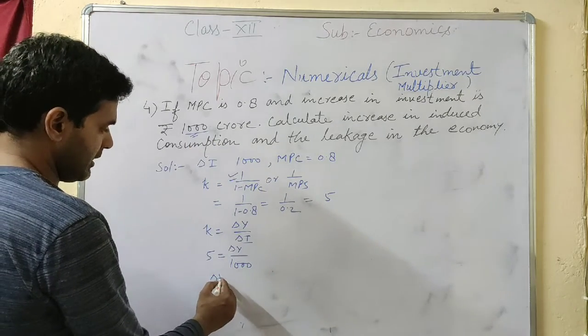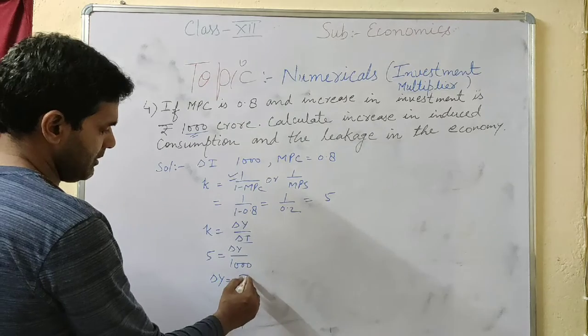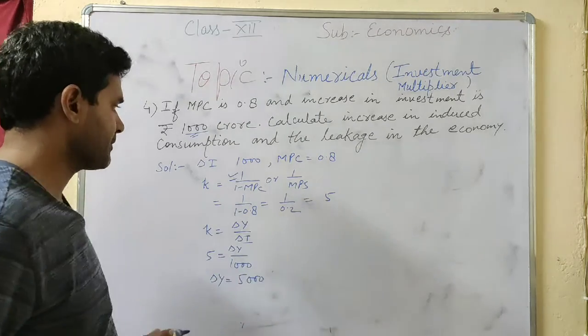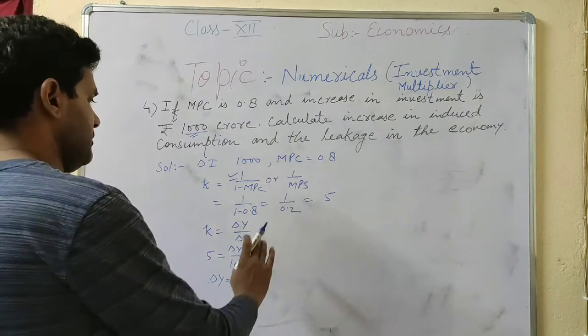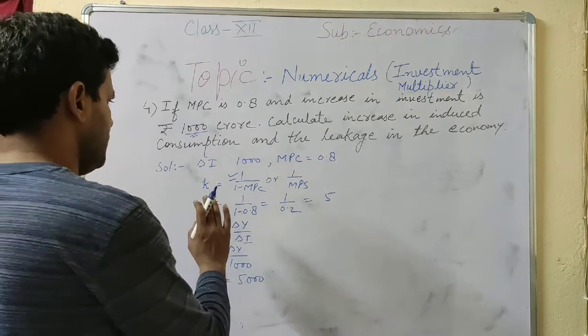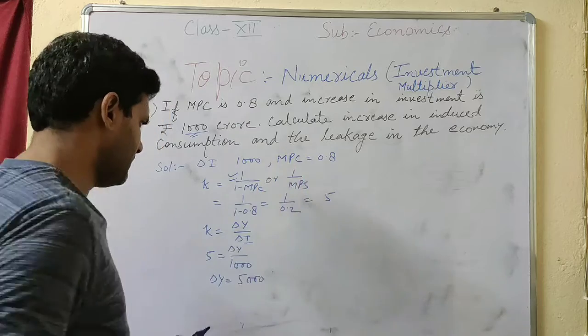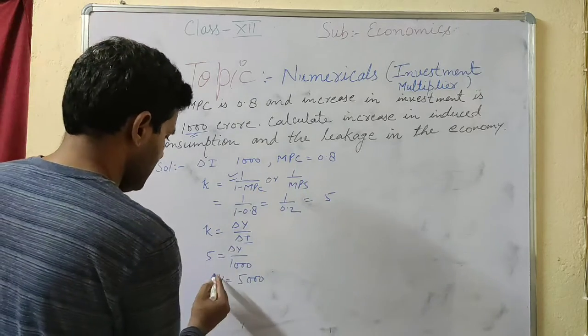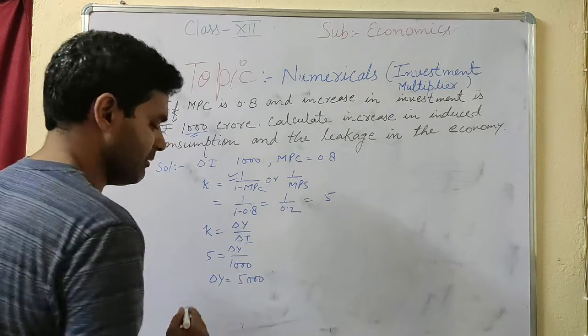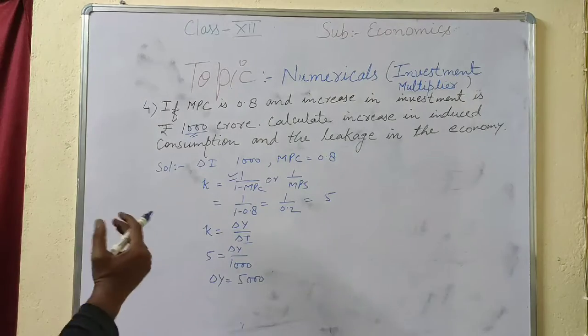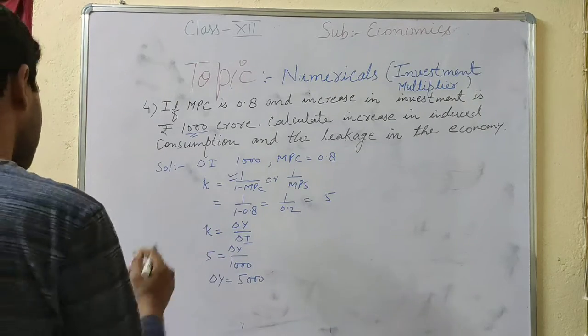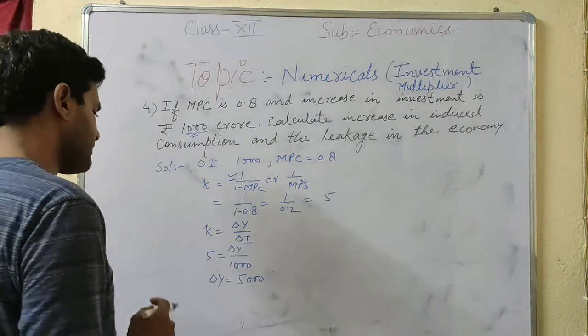So delta Y, or change in Y, will be 5000. Up to here, we have calculated the value of investment multiplier, and the value of delta Y, or change in income due to the change in investment.